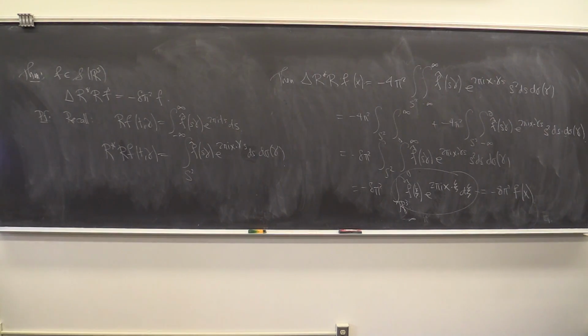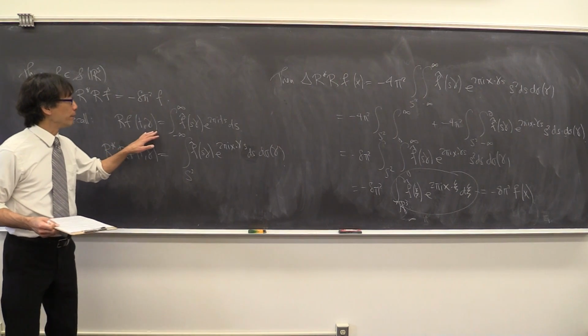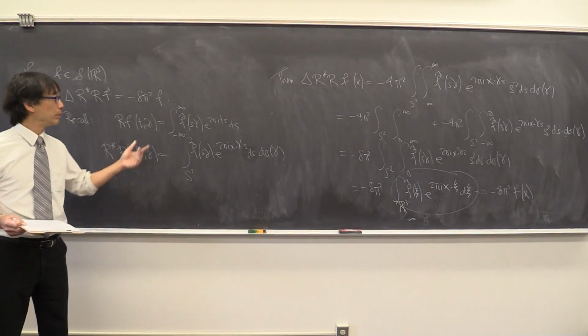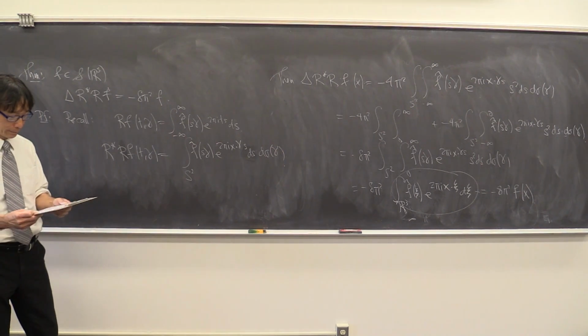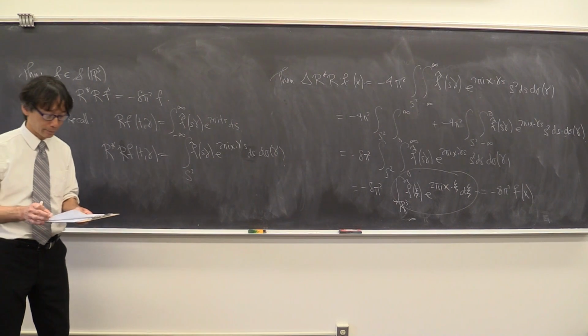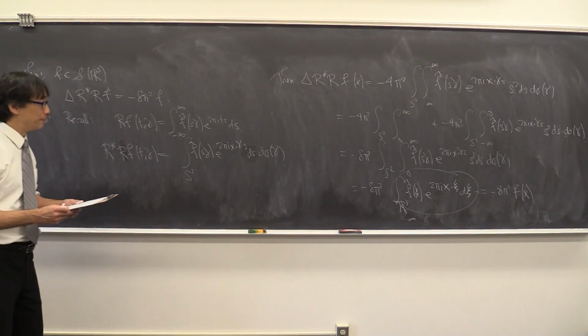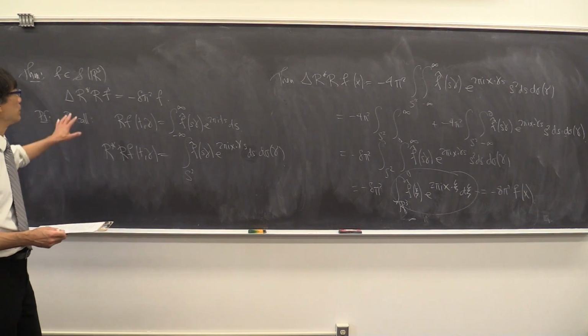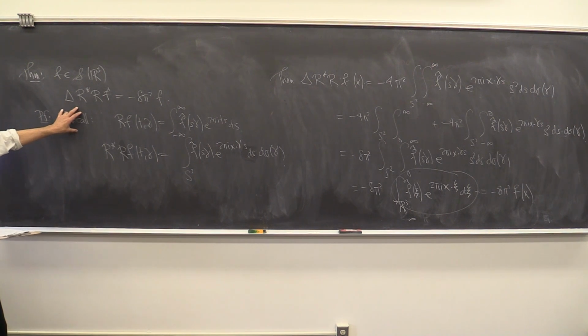So it's just a calculation that comes out of the Fourier Slice theorem. So that's the filtered back projection formula to recover the function from its Radon transform.